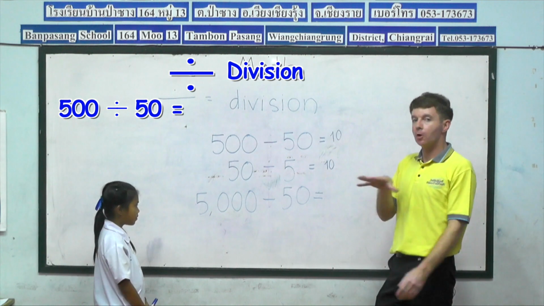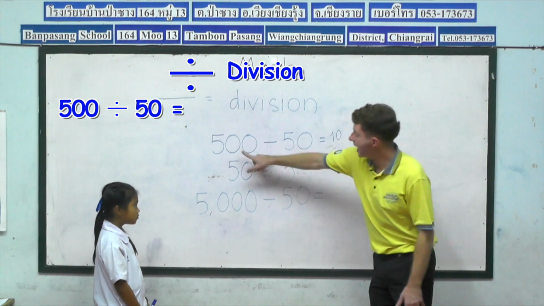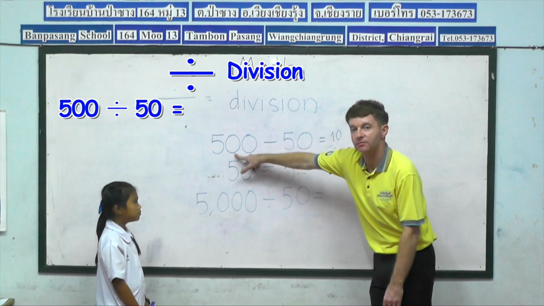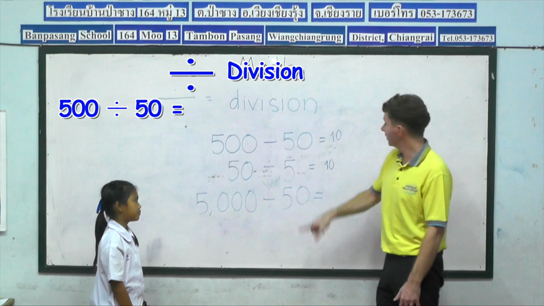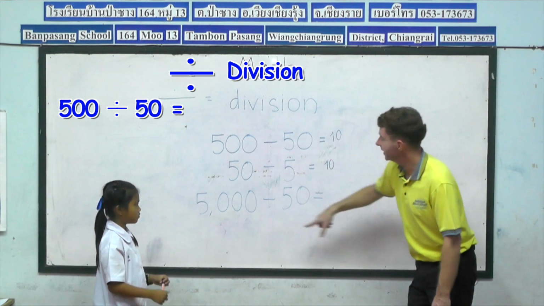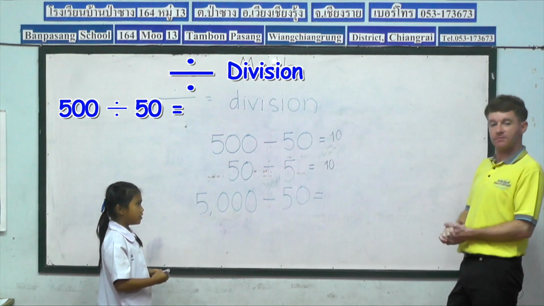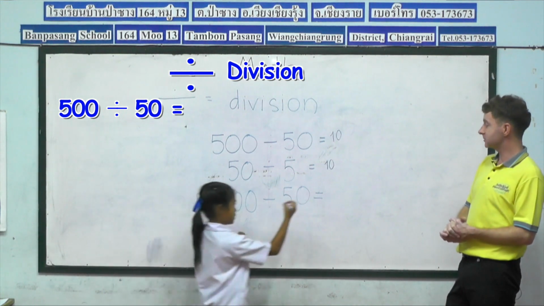Now before we have to work out the answer, all we need to do is count the zeros. How many zeros in 500? 2. How many zeros in 5,000? So that means all we need to do is take the 10 and add another 0 at the end. Equals 100. Yes.